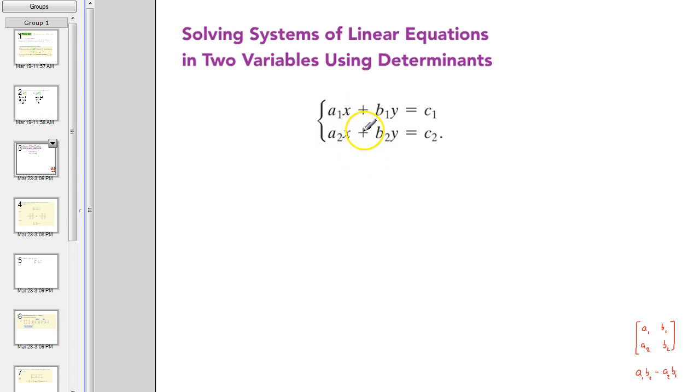I just need to get a sign change. So I'm going to do the top equation by B2. So I'm going to get A1 B2 X, and then here I'll have a B1 B2 Y. Alright, and then I'll have a B2 C1.